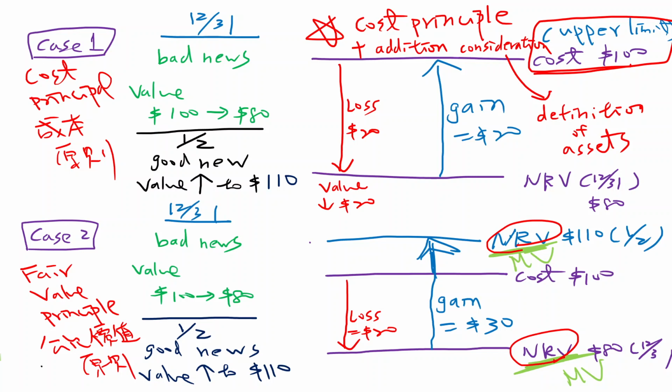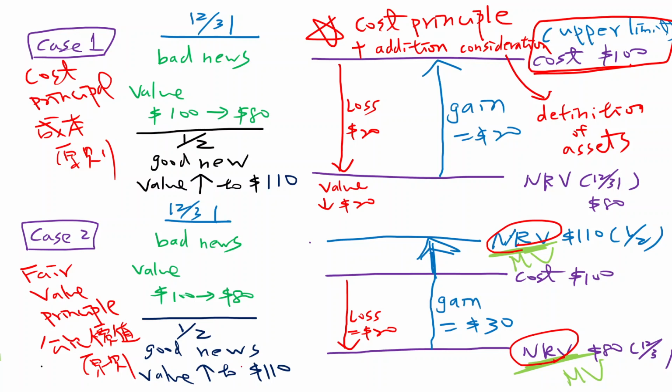Okay, so that's why we have the upper limit for the cost. Why do we have the upper limit for the cost? Because for inventory, we adopt the cost principle. So could you recognize any part above your cost? You cannot. When you recognize any part above the cost, then you adopt the fair value principle. But too bad, so far, for assets like inventory, we don't accept fair value principle.